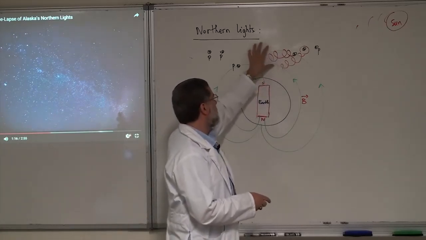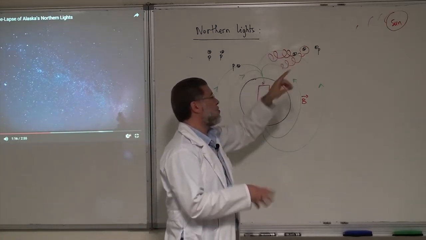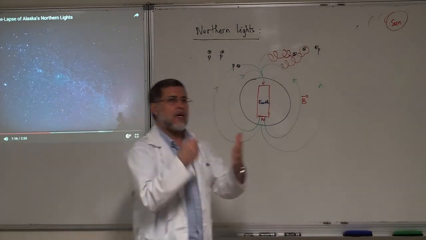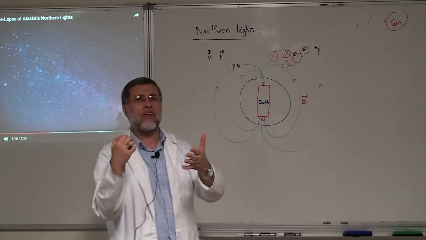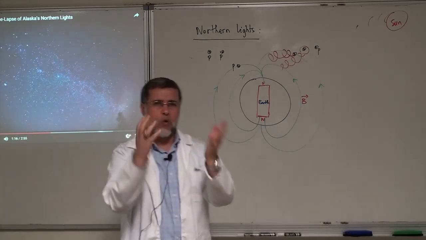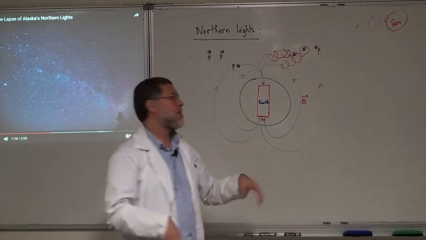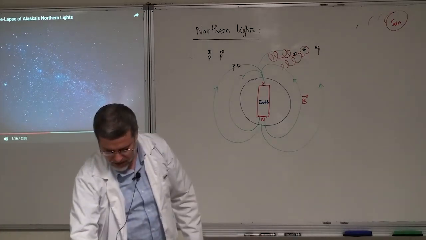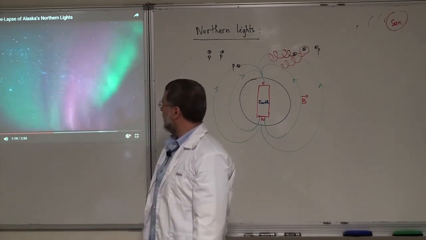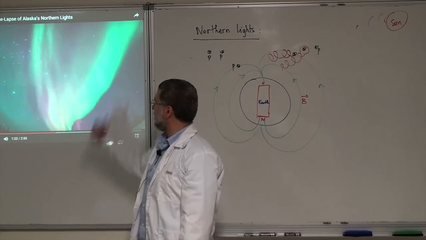But here the magnetic field is strong, and therefore the collision between the atoms of the air and the protons is strong, and they ionize. Those protons have enough energy to ionize the atoms, and then when the atoms go back to equilibrium, they emit those lights that you have seen. You can see more of them if you want. Here are those lights. These are coming from the air molecules.